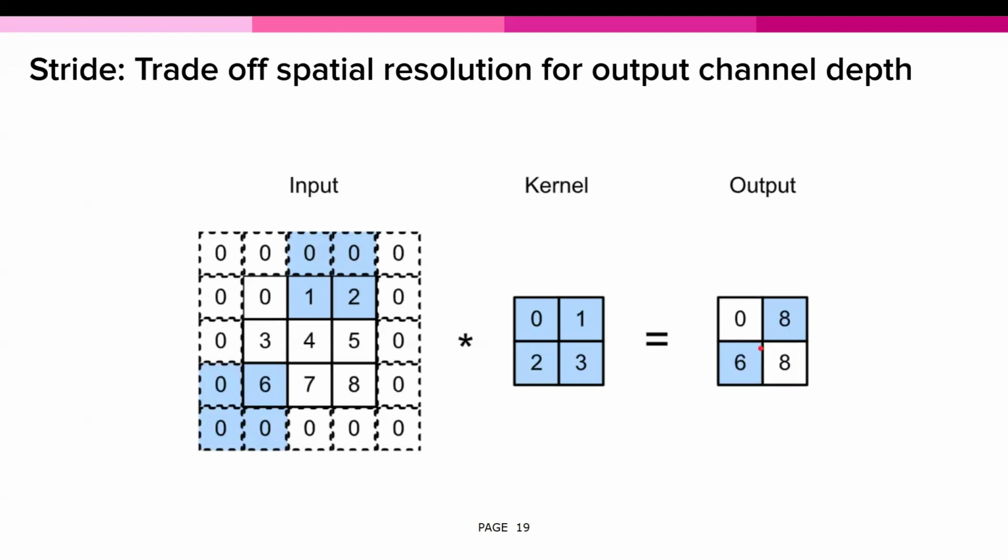By skipping over some of the intermediate pixels, we end up with a smaller output feature map. In this case, a 2x2 grid instead of a 4x4 as we saw before.